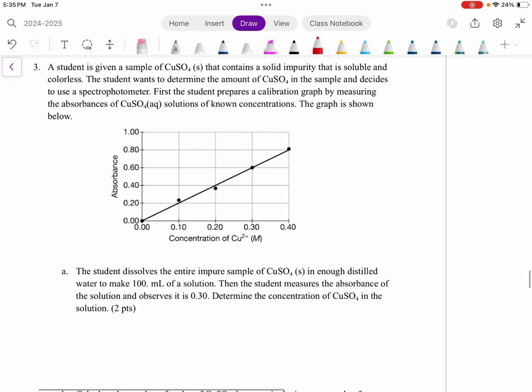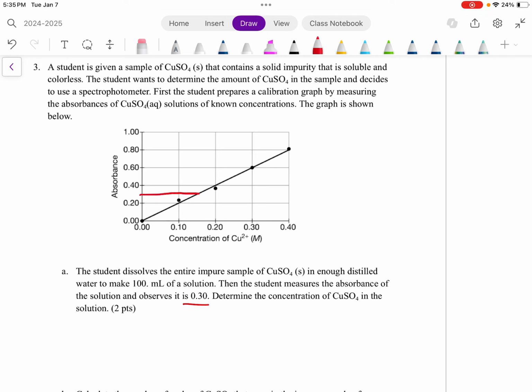Okay. For this one, this is really similar to a couple of the labs that we did. So you're going to use Beer's law here. So a student dissolves this entire sample in water, and they measure the absorbance, and they determine it to be 0.3. Determine the concentration. Well, this is just using the graph.